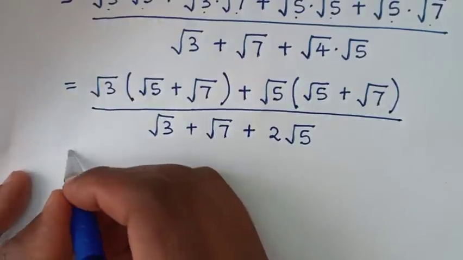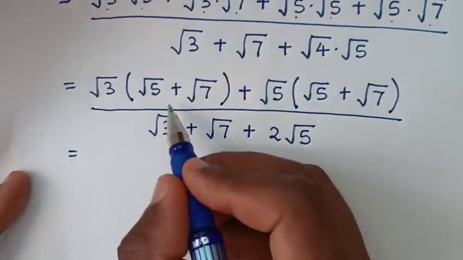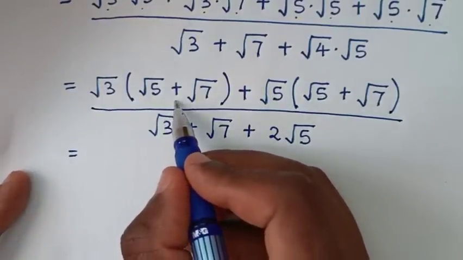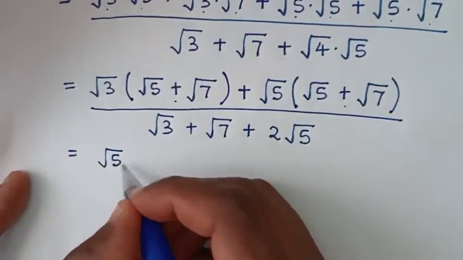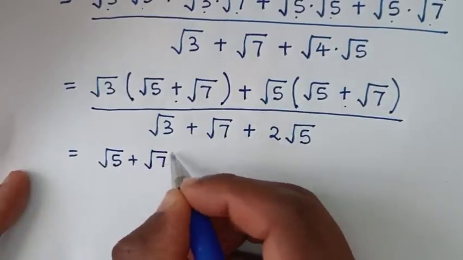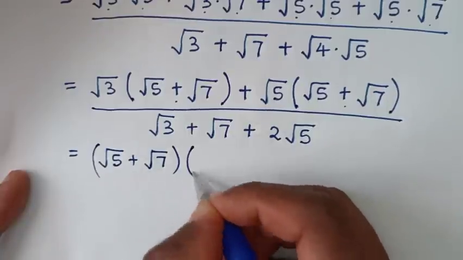Then in the next step, it will be equal to, here square root of 5 plus square root of 7 is common, so we'll take square root of 5 plus square root of 7 out of the bracket.